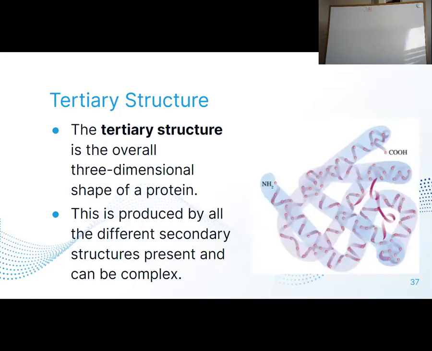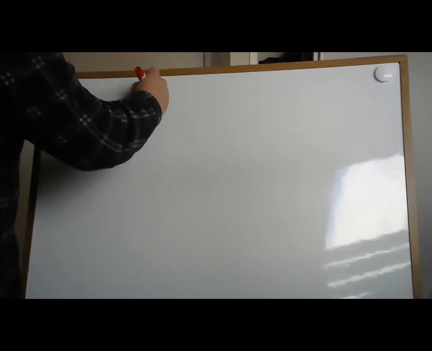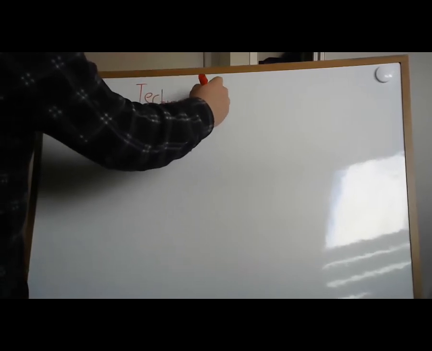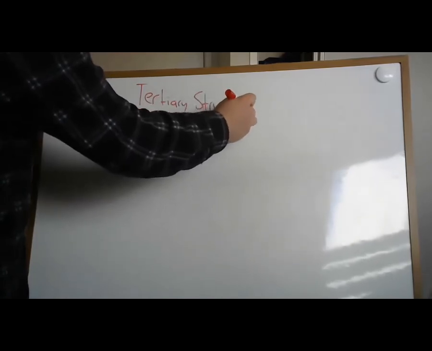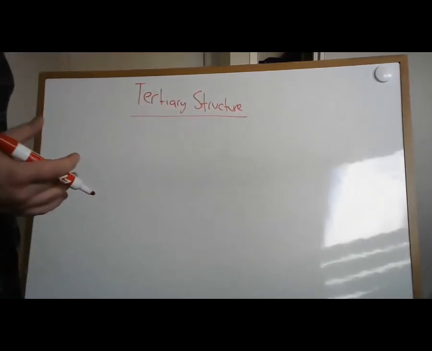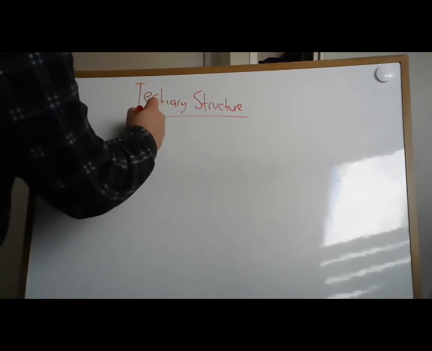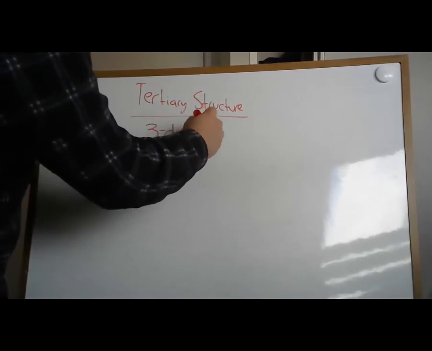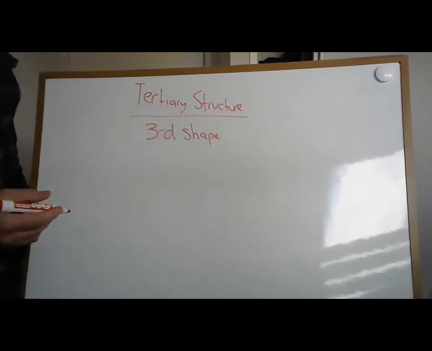So the tertiary structure is really important. Tertiary structure is the overall 3D shape of the protein.